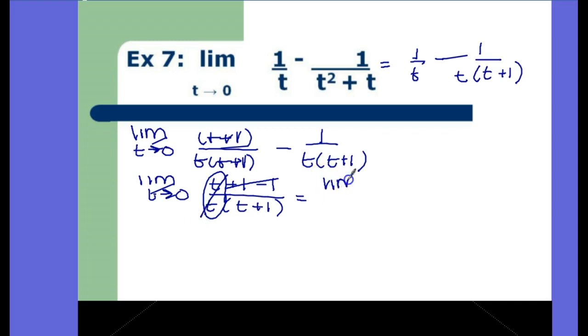So we got limit as t approaches 0. It's not a 0 up top, it's a 1. T over t is 1 over t plus 1. Now I can plug in, and I get 1. So it's easy. I like them because they work out.